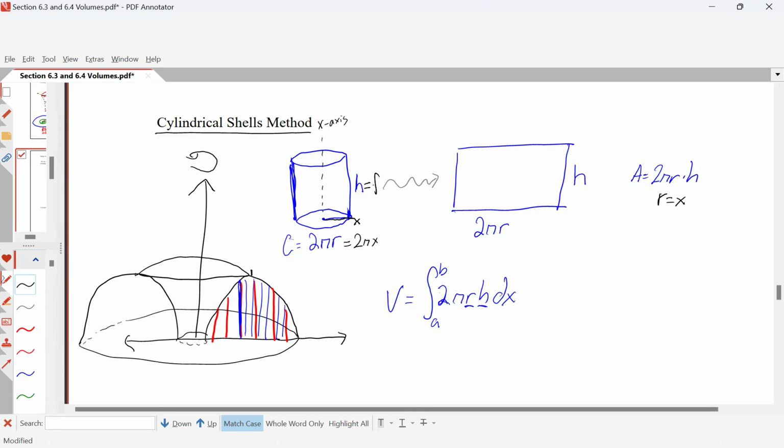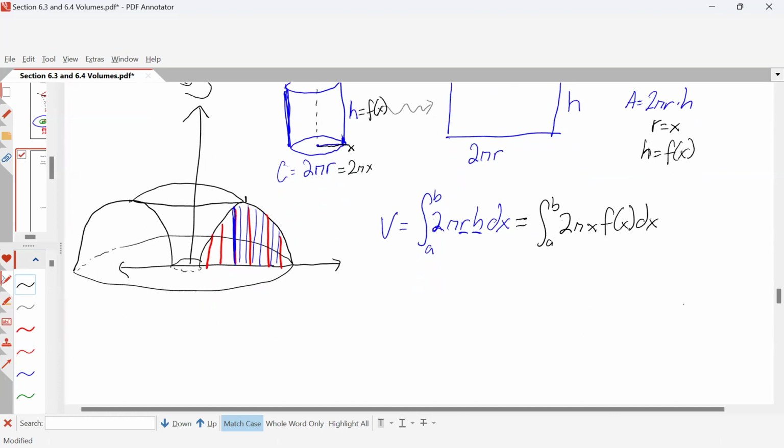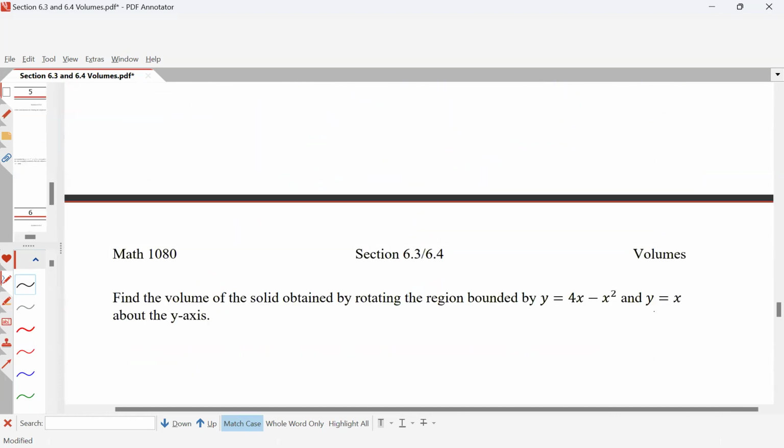So h is whatever function of x is being sent around the y-axis. So h equals f of x, creating this integral, the integral from a to b, 2 pi x f of x dx. Now we have a formula we can use known as the cylindrical shell method. So let's take a look at an example.